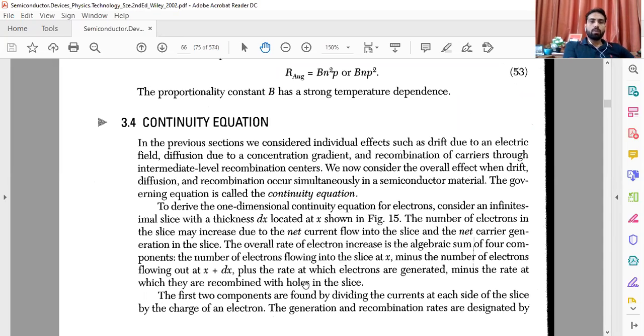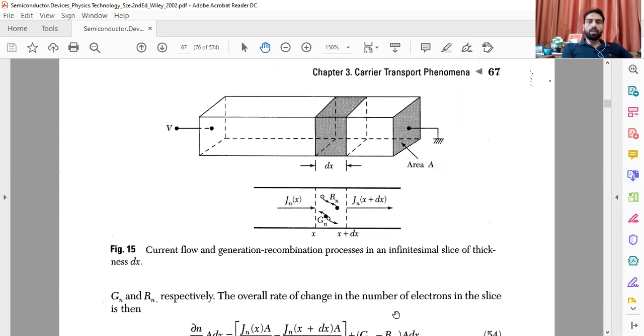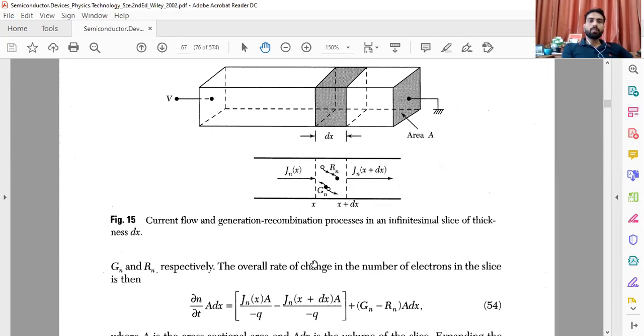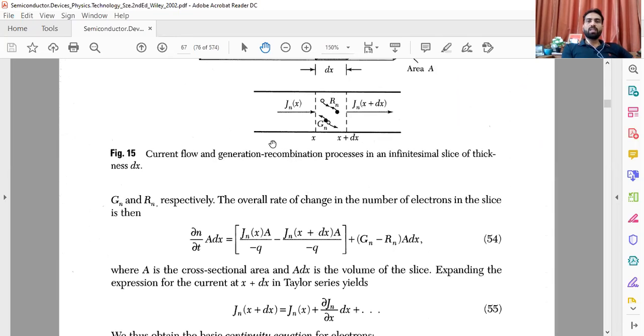So this is all about it. The first two components are found by dividing the current at each side of the slice by the charge of the electron, and the generation and recombination rates are designated by this equation. Here the current density is taken at x and at x plus dx, the recombination rate is taken as Rn, and the generation rate is taken as Gn.